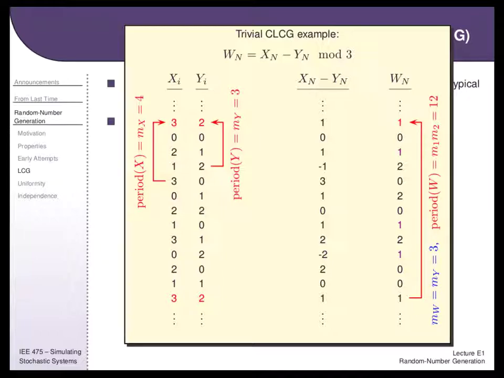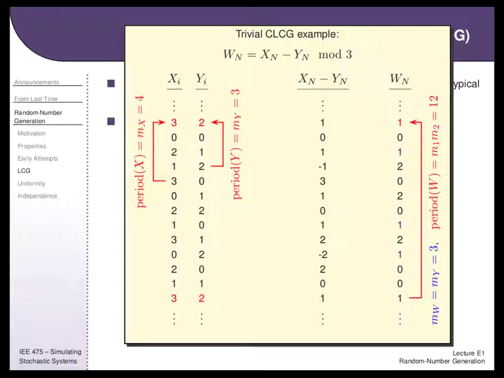I took the subtraction of the 2 of them together, and the result here actually ends up having a period of 12. And that's even though the modulus of the congruential generator is 3. So even though the numbers here are only 0, 1, or 2, it actually ends up not generating a cycle until after 12 draws. So I can get extremely long cycles just from this simple method of adding these linear congruential generators together.